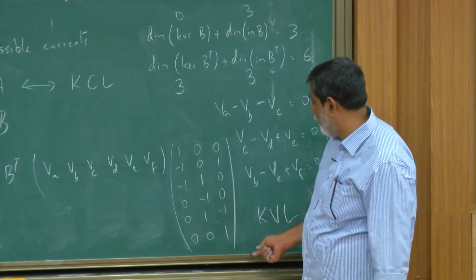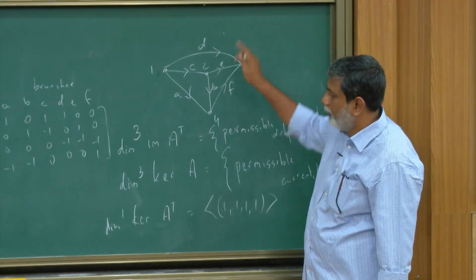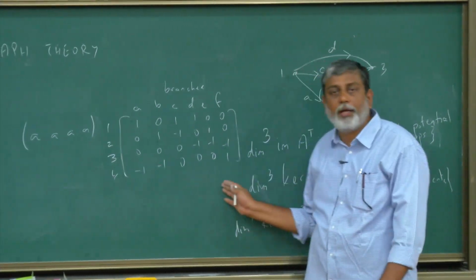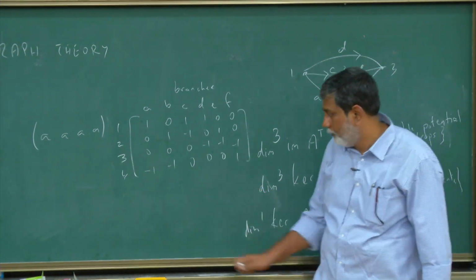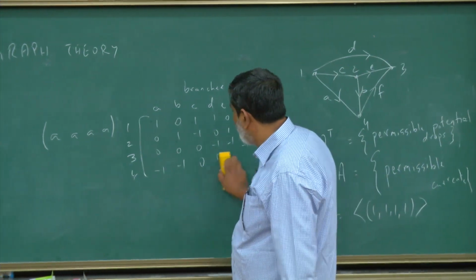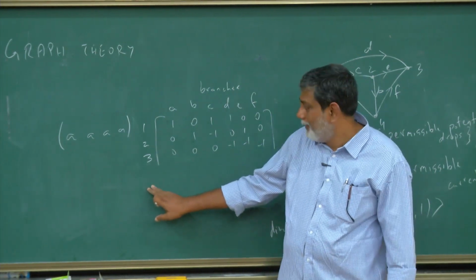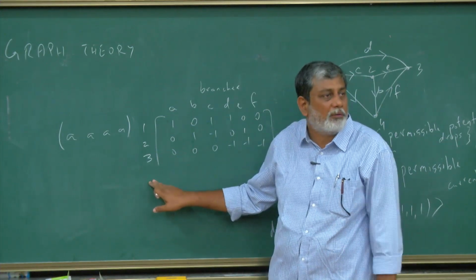So suppose we look at this particular A, and we decide to drop the last guy. If you drop the last guy, so the last guy doesn't exist, that's essentially saying that this fourth guy is the ground.